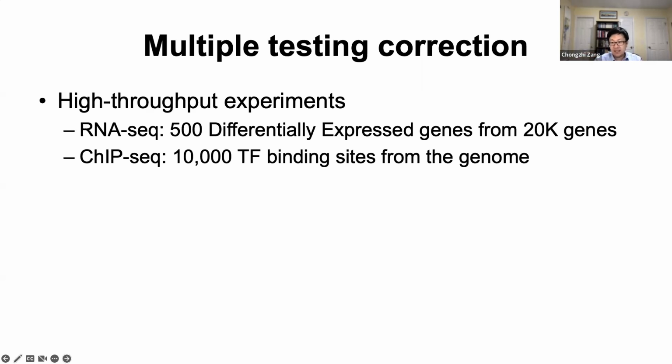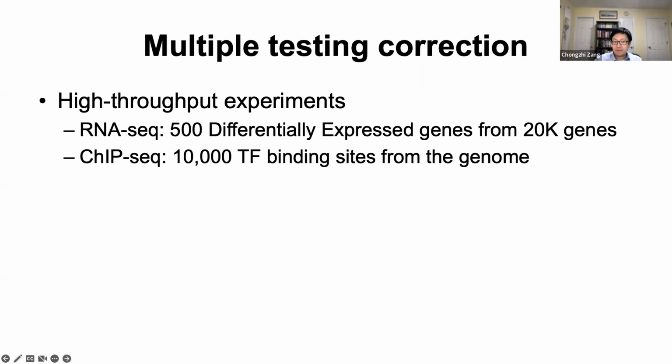Meaning that if we do the experiments many times, we have many p-values, and a p-value of a certain number may not be as informative as when we only have this one p-value. In other words, it may no longer be so significant compared to when we only do the experiment once.